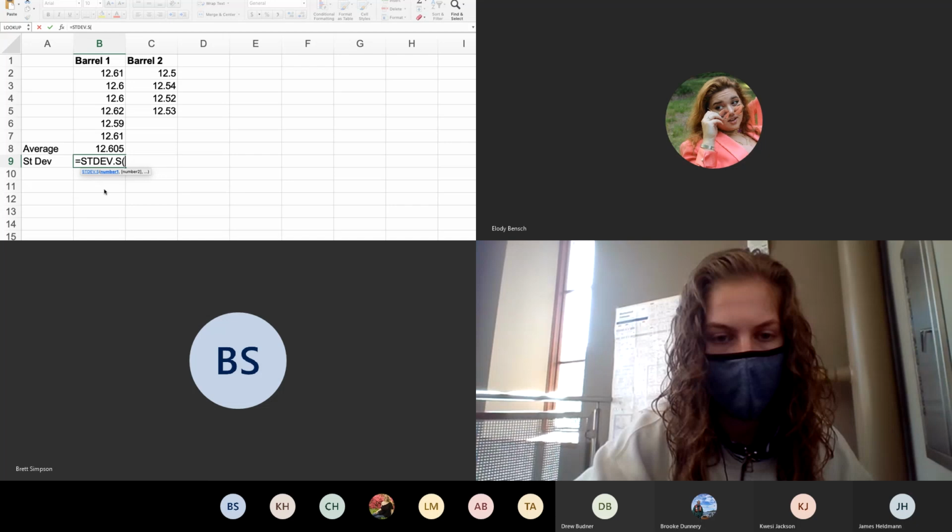Is it really variable 1 is barrel 2? Yes, that's what we said in the F-test, because we put the standard deviation 1 squared divided by standard deviation 2. We put the larger standard deviation on the top, which was barrel 2. So we called barrel 2 data set 1 in our analysis. Okay.